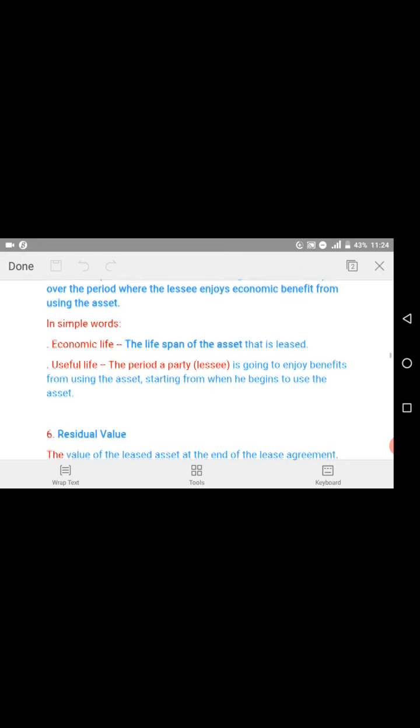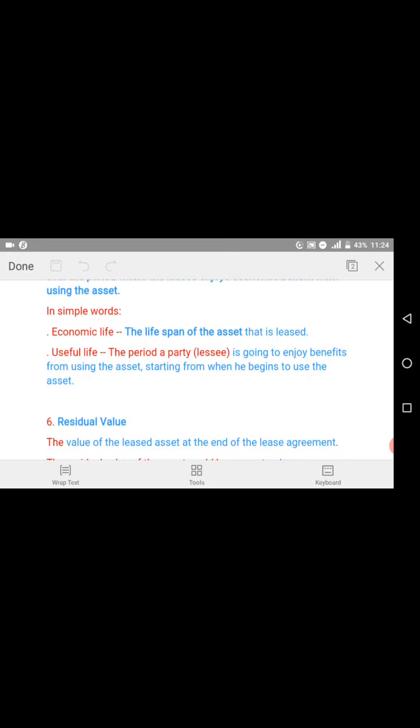Now, if an asset has an economic life of 10 years and a lessee leases the asset for a period of 10 years too, you note that the useful life and the economic life are both the same.